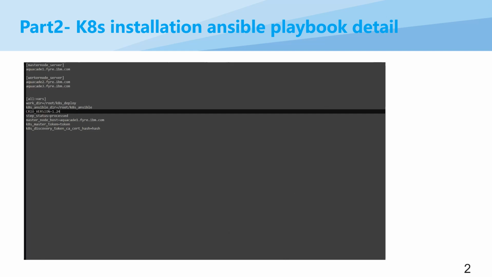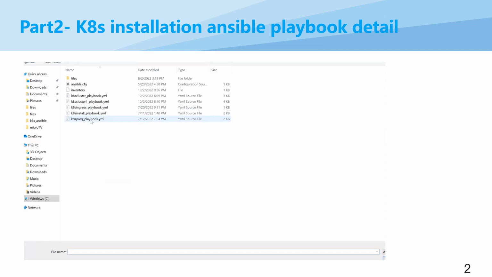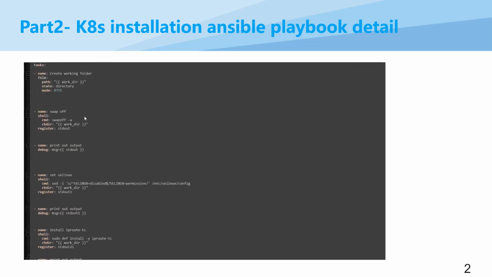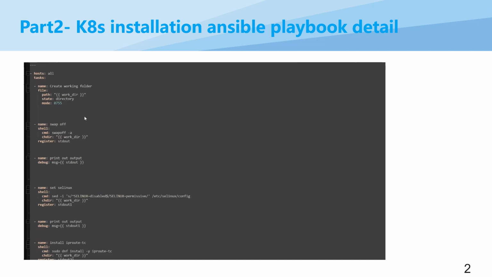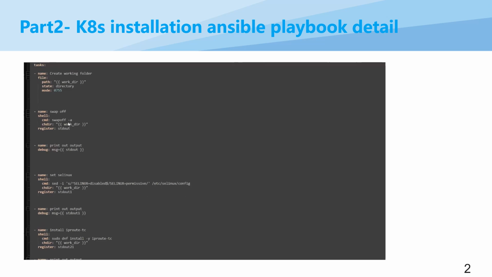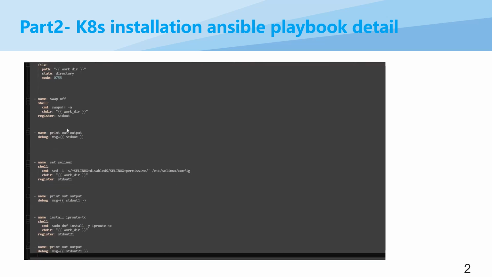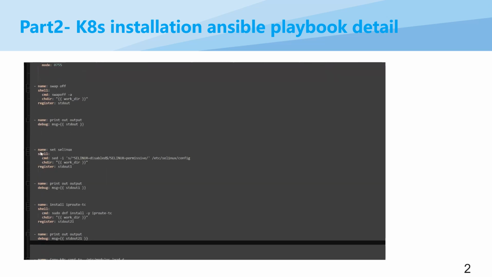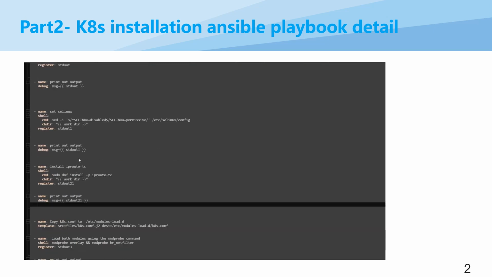Then we will go back and mainly go through the prerequisite playbook. You can see, per the link I attached for how to install Kubernetes cluster on Red Hat 8, first we create a working directory, and then use swapoff -a as a prerequisite to install Kubernetes, and also set SELinux as permissive.